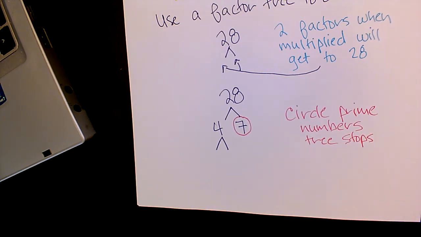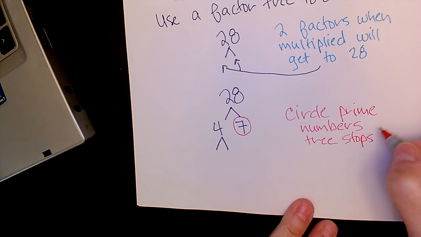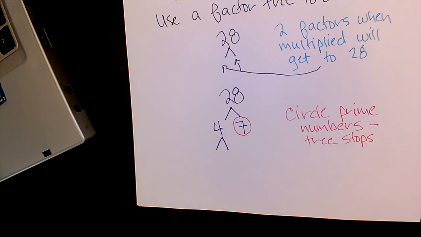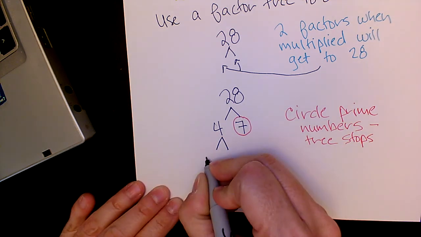So give me two numbers, and we cannot use 1. I know we've used 1 for our factors, but we can't use 1 on the tree. So what are the only 2 numbers that when you multiply them get you to 4? 2 times 2.